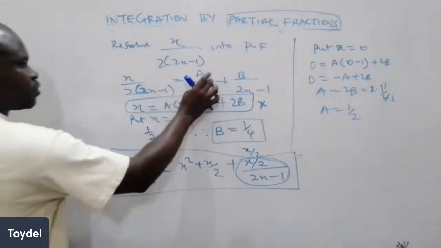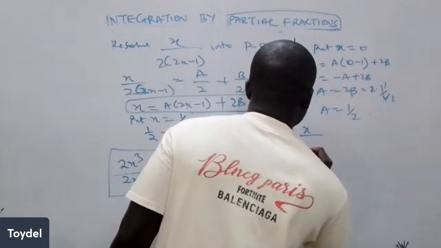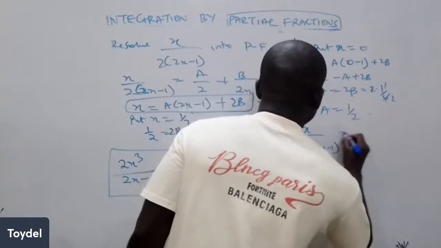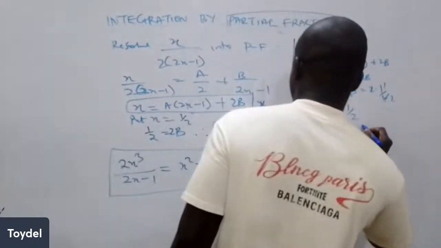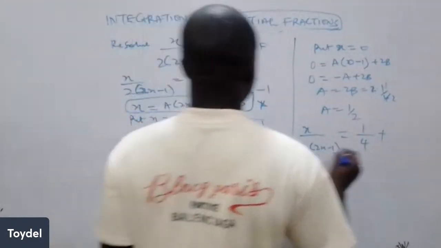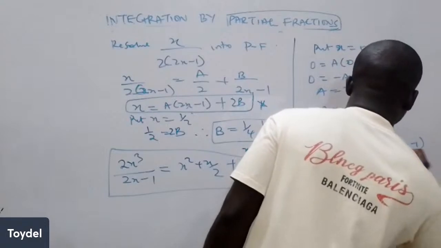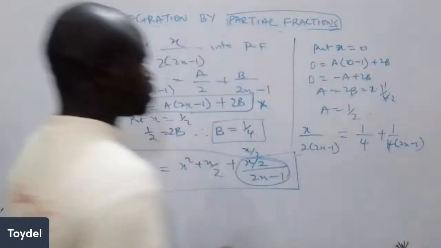So I'll go back and substitute the values here. x all over 2 into bracket 2x minus 1 is going to give me a, which is half, 1 all over 4, plus b, which is 1 all over 4, into bracket 2x minus 1. That is what I'm going to get.